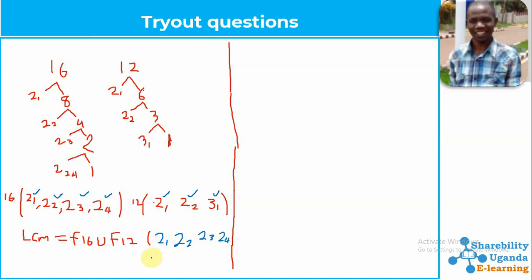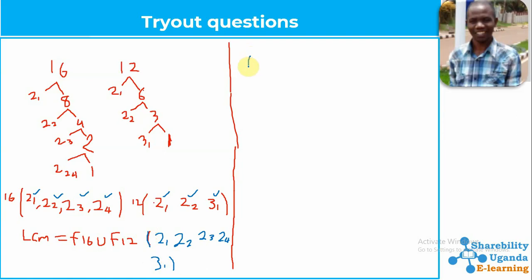Also, a continuation, we have our 3 1. So this now represents our union of sets.